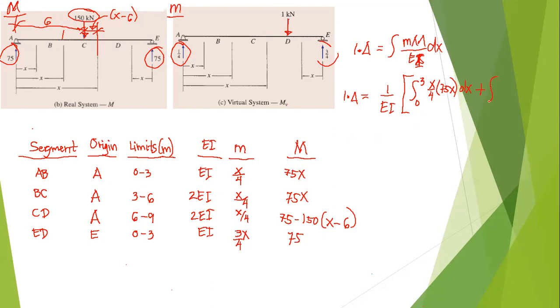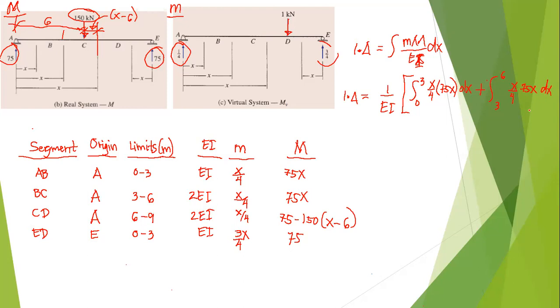Plus, the limits would be 3 to 6. It is simply equal to x over 4 times 75x dx.